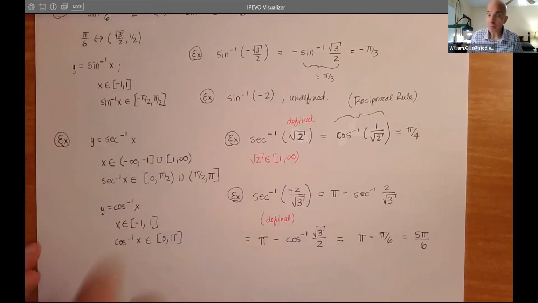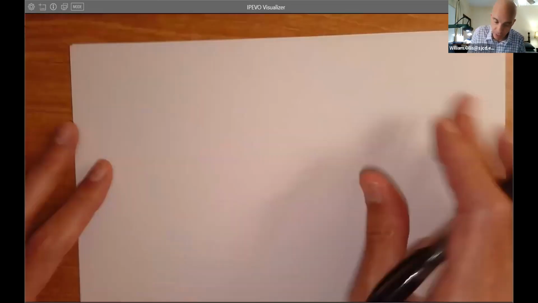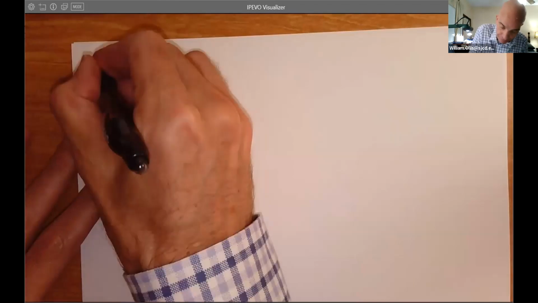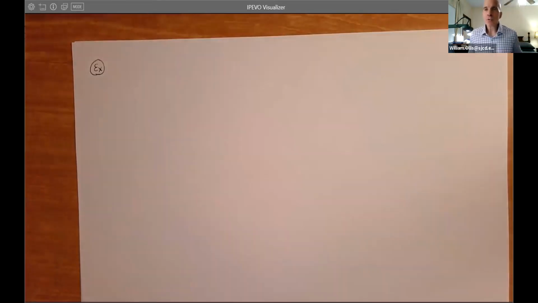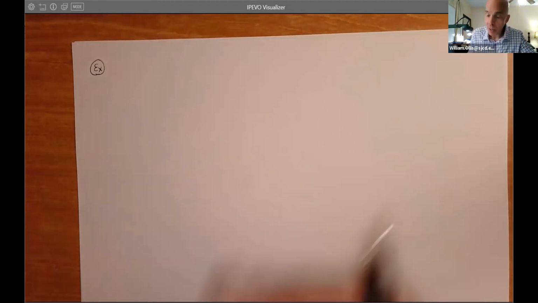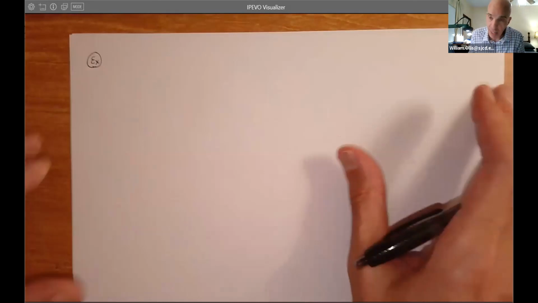Now, one more type of computation I want to do has to do with the inverses, the inverse equations. So say you were asked to do an inverse equation, for instance. So let me write down a couple here.